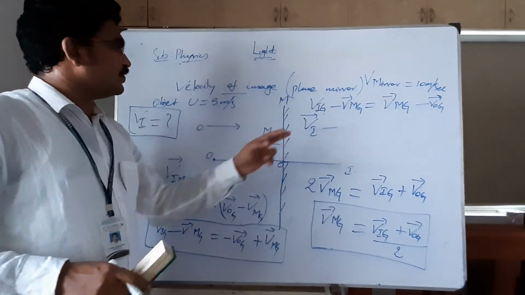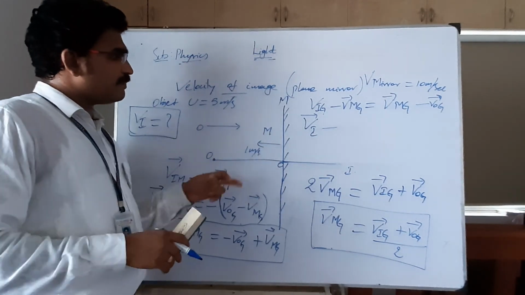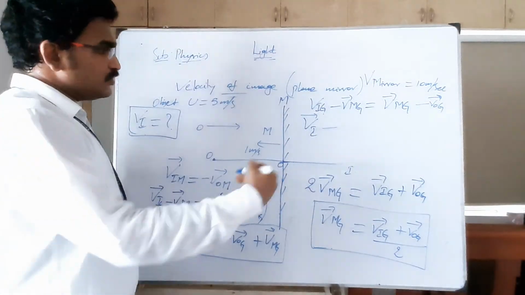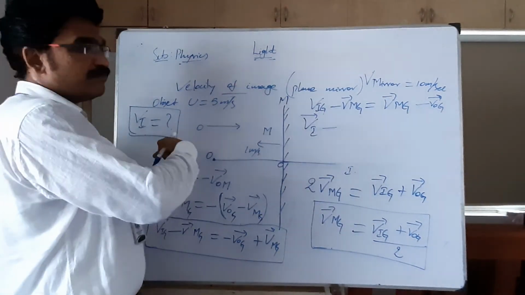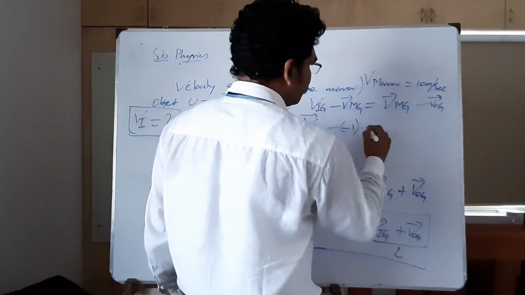This is Vm. Do you know the value of Vm, velocity of mirror? Velocity of mirror is 1 meter per second, but it is moving in this direction, negative axis, towards left. So it is going to be minus 1.